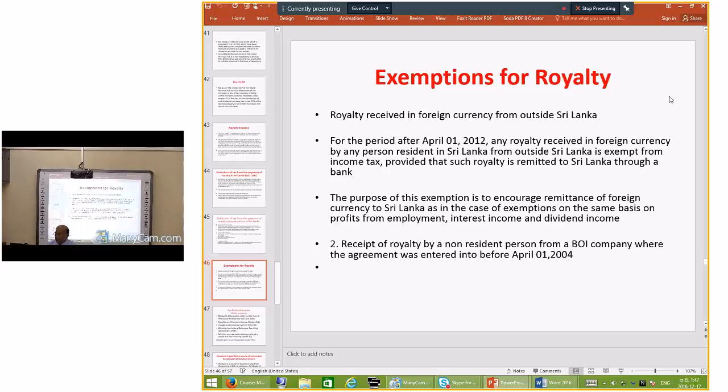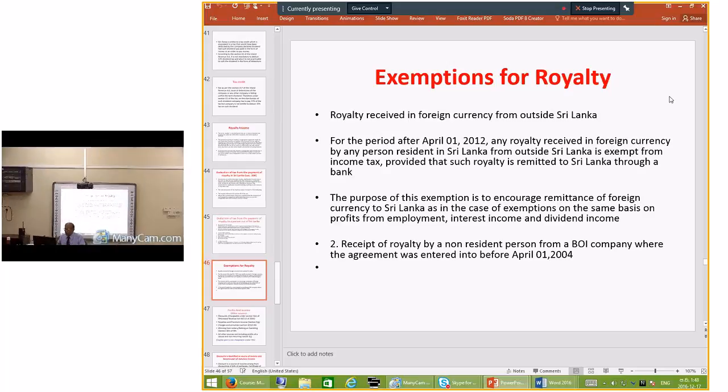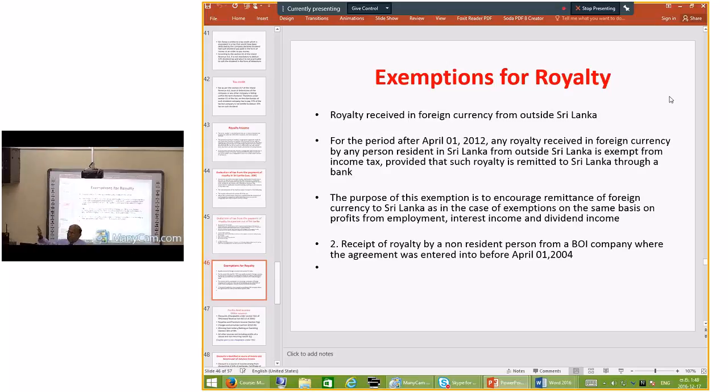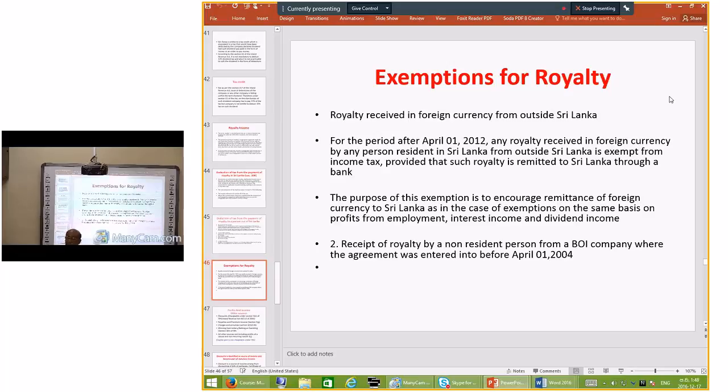Tax is charged subject to the provisions of the act. One provision says that if someone receives royalty from outside Sri Lanka in foreign currency, that royalty is not subject to taxes. Under section 2, income tax shall be charged subject to the provisions, and any royalty received in foreign currency is not charged because exemptions are granted.